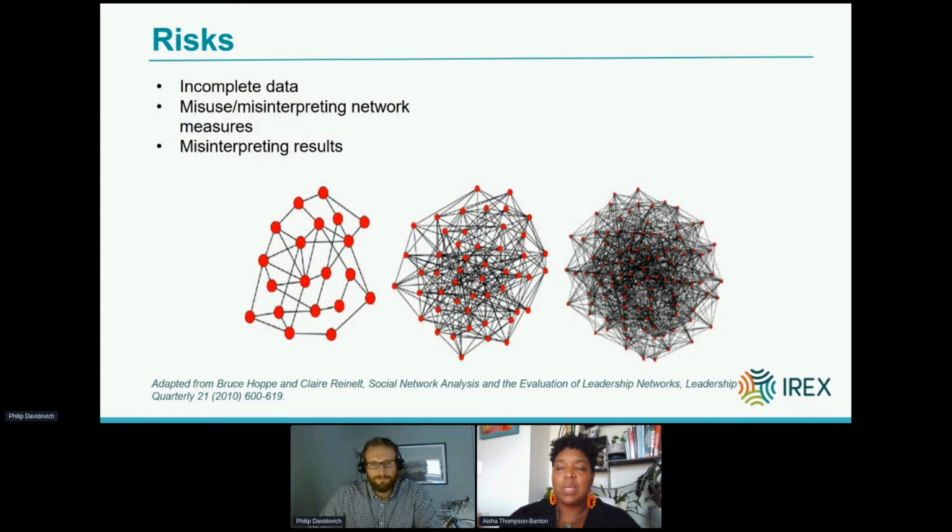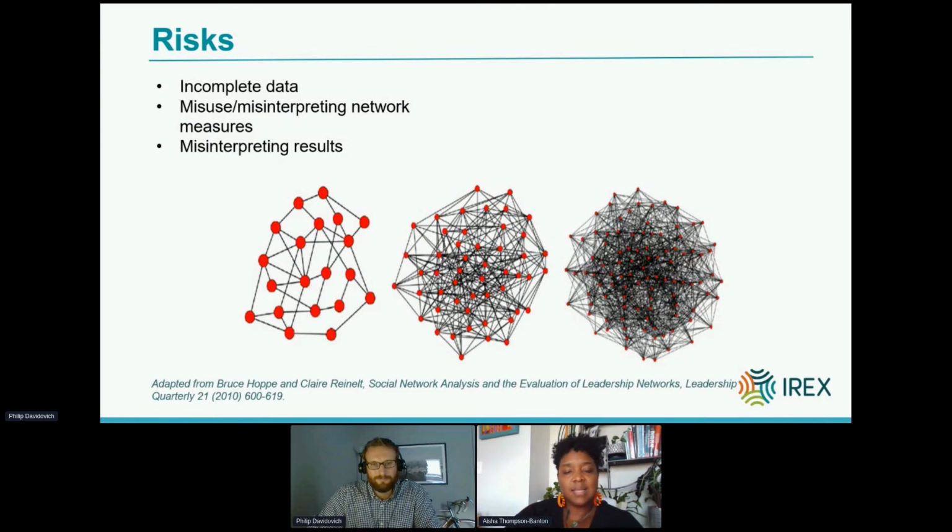Another risk when we look at an SNA is incomplete data, right? Phil spoke about this earlier with the CSP, where they had an 89% response rate.